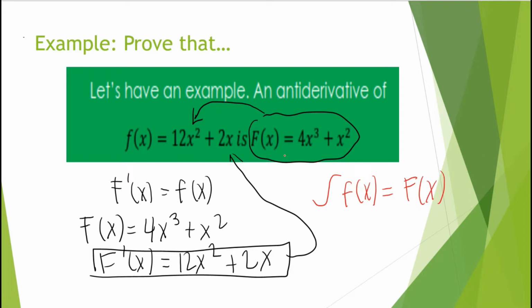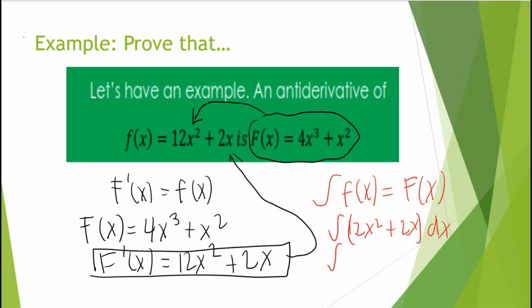So, we'll take the integral of f of x. We take the integral of 12x squared plus 2x dx.